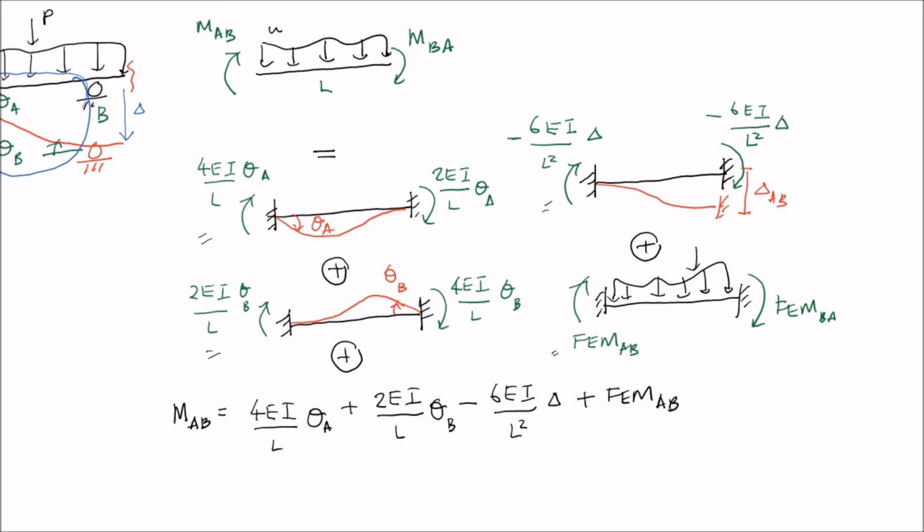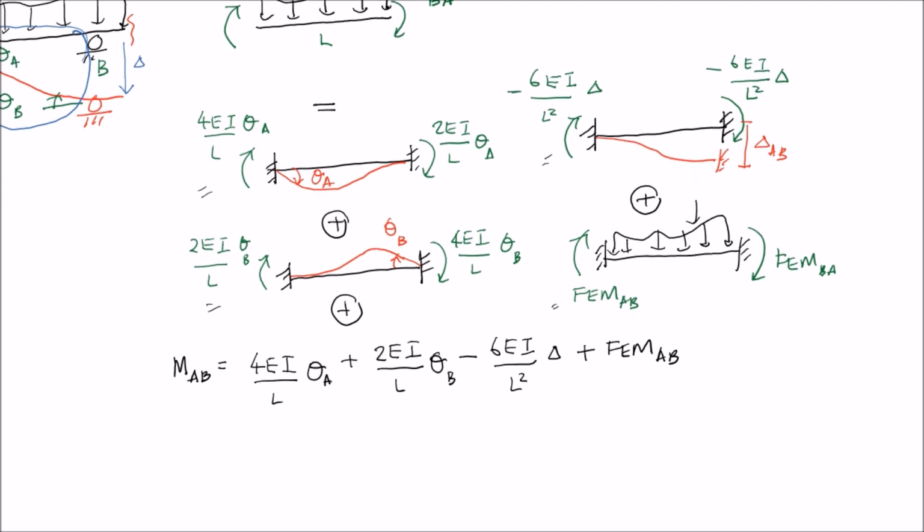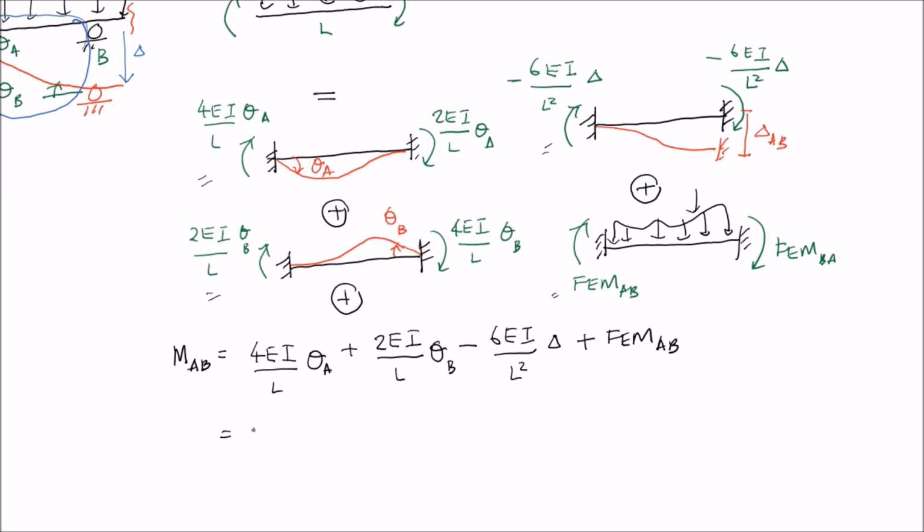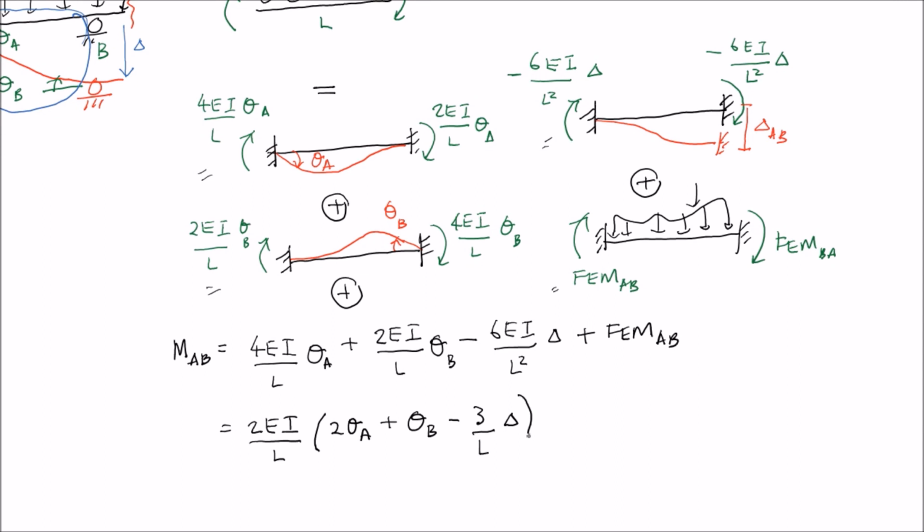Alright, and then if I simplify them, I take out 2EI over L. I will get 2 theta A plus theta B minus 3 over L delta, close parentheses, and then plus. Usually the sign in textbooks is plus minus fixed end moment AB, because the fixed end moment can be positive or negative depending on where it is.